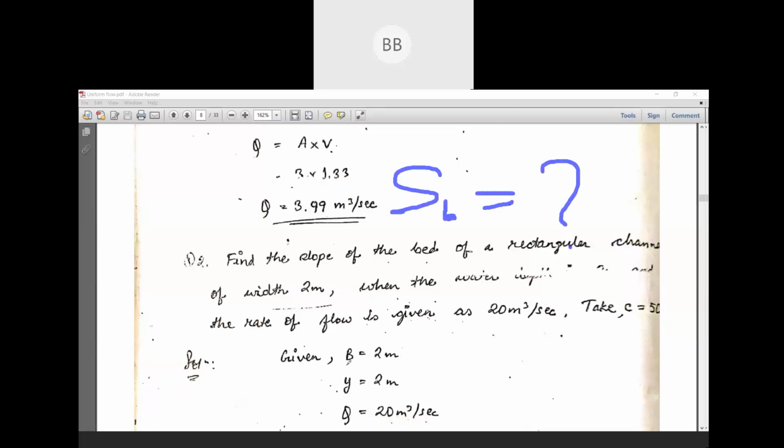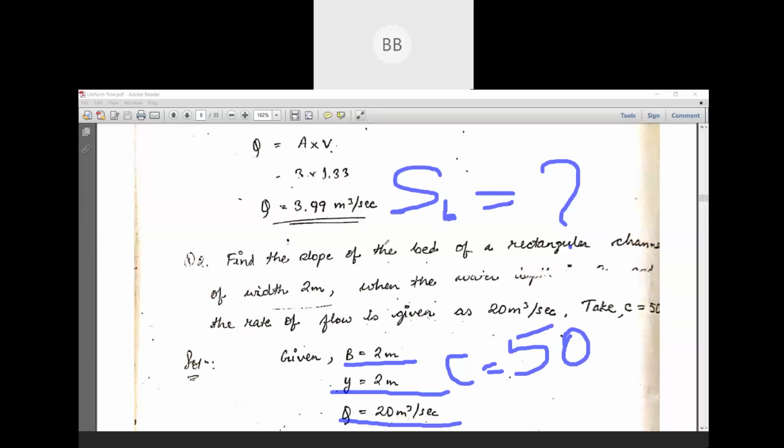Width of the channel is given, that is 2 meter. Depth of flow is also given, that is 2 meter. Discharge is also given, and Chezy's constant is given, that is C, 50. So these are the given parameters.